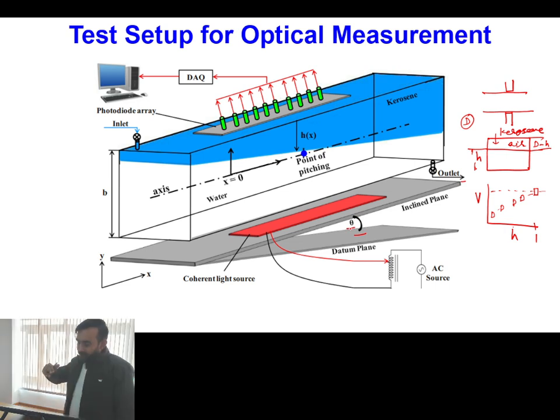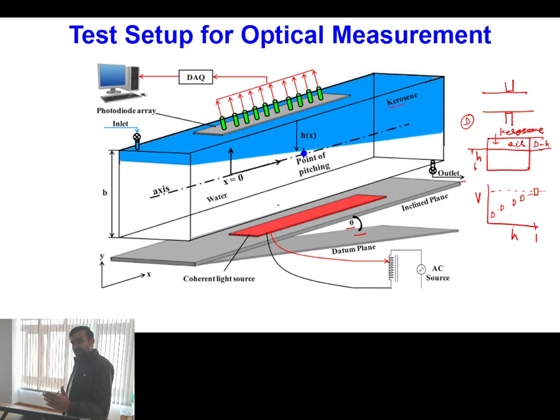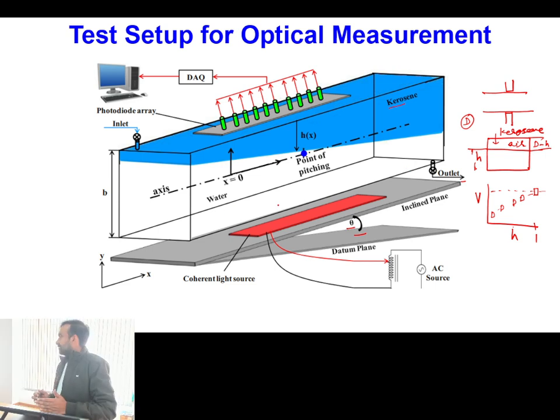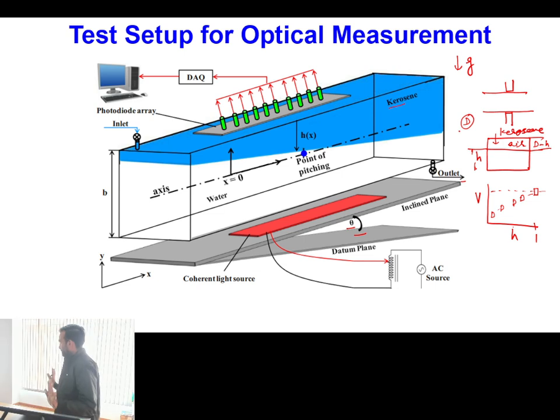Okay, when the box is partially filled with kerosene and partially with water, and it is placed on an inclined surface, we have gravitational force acting in the vertical direction only. Okay, so the interface between the kerosene and water will always remain flat. Is this one clear?